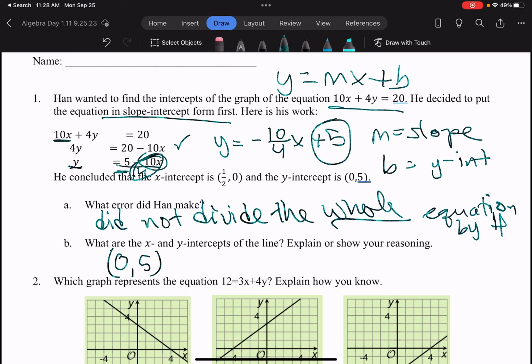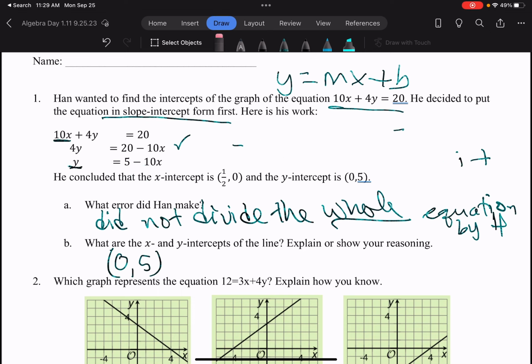Now for the x-intercept, the way we're going to do that is we're going to substitute y equals 0 and see what x equals, right? Let's go back to our original equation, and we're going to say 10 times x plus 4 times 0 equals 20.